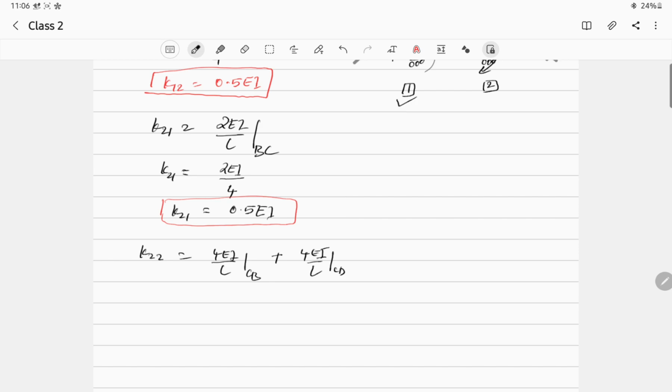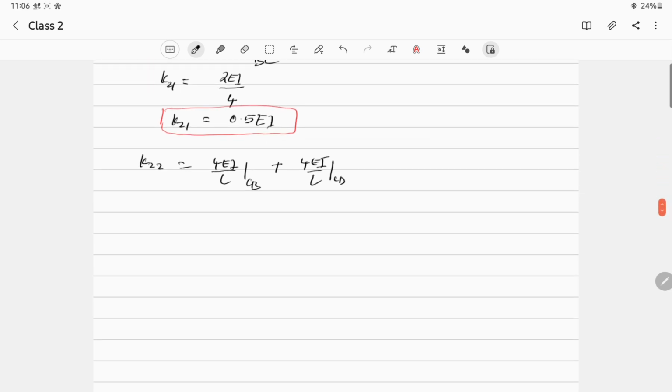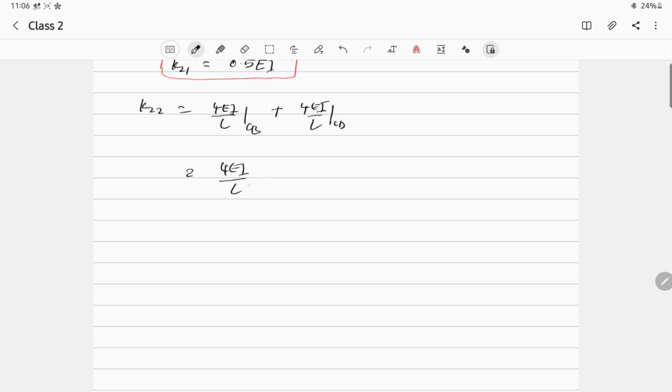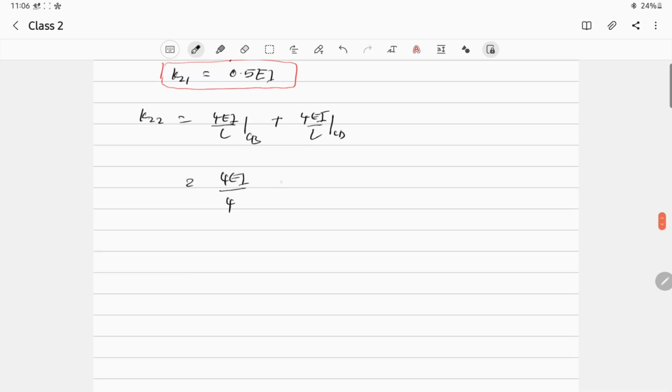What is the span of CD and CB? For span CB, L is 4 meters, plus 4EI by L for span CD.